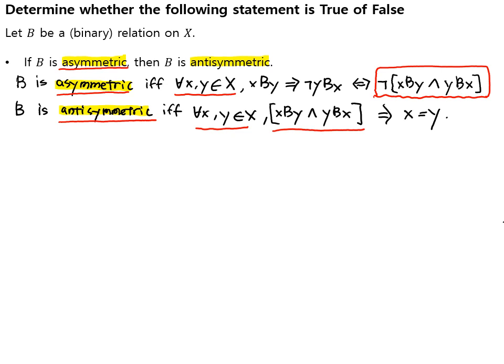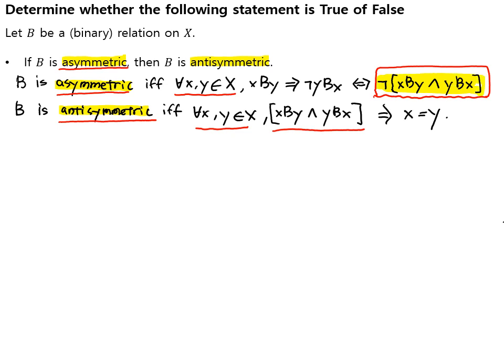So if the binary relation is asymmetric, it can never happen that x is related to y and y is related to x.